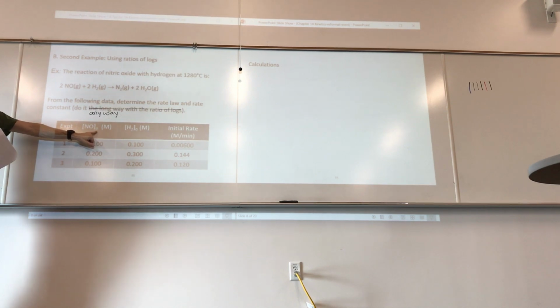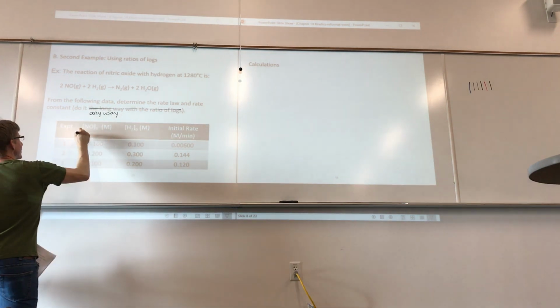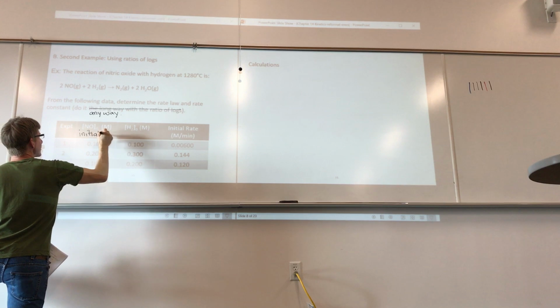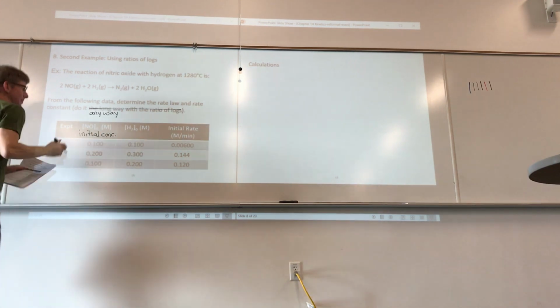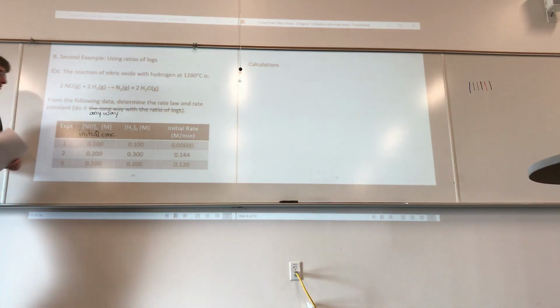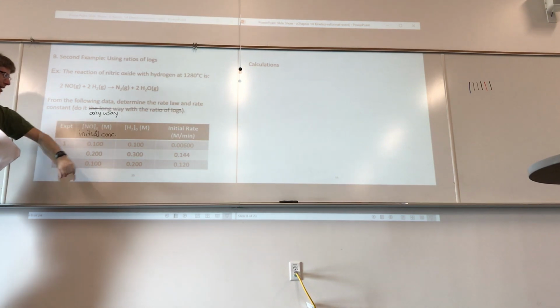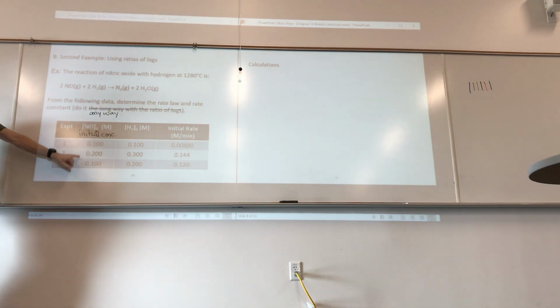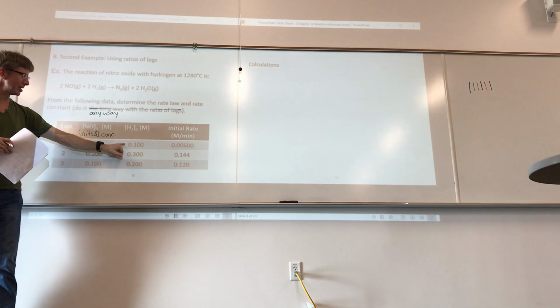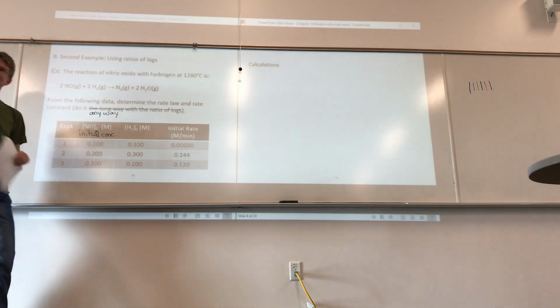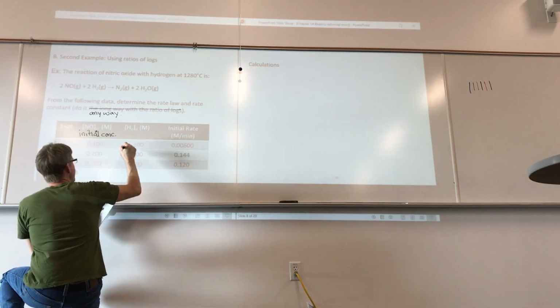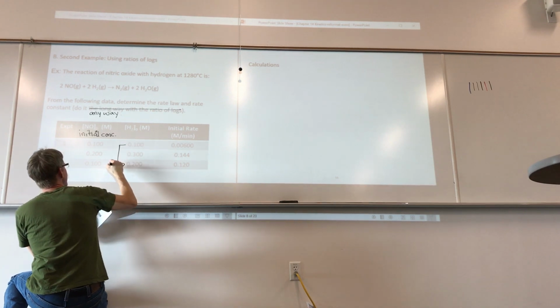That 0 means that time equals 0, which is initially. So these are initial concentrations. That's what the little 0 means. Same thing for the hydrogen. But what we see is that from experiment 1 to 3, there's no change in concentration of NO, nitrogen monoxide. And there is a change in concentration of hydrogen, and it has doubled.